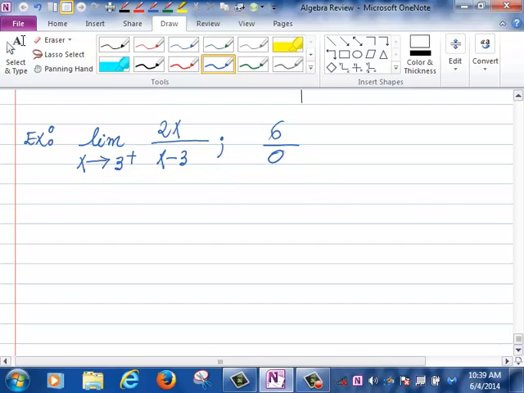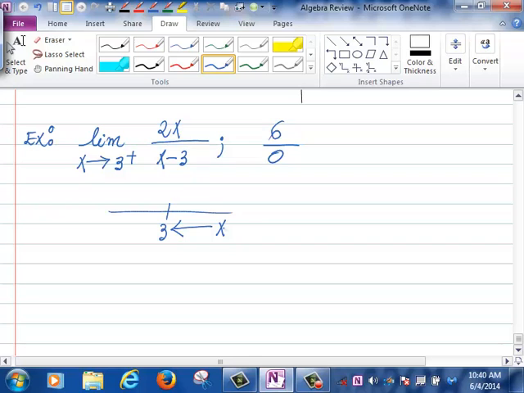Well, why? Because of the following. You need to figure out what's the sign of the fraction when x is close to 3 on the right side of 3. So here is, let's say, 3, and x is going to 3 from the right side, right? So doesn't that mean that x is bigger than 3?